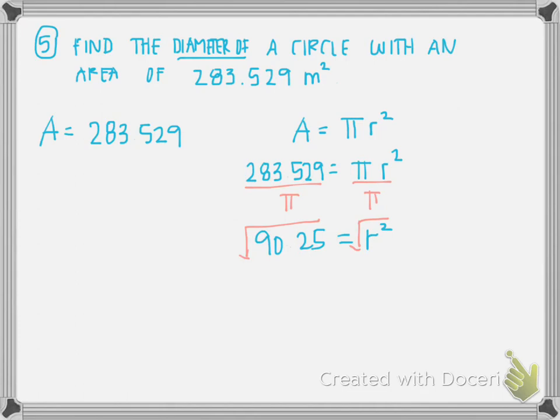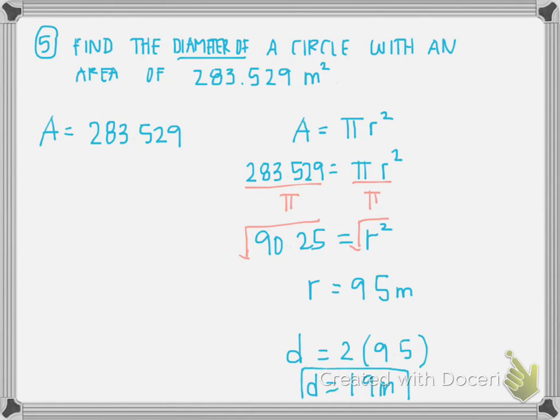So the square root of that value is going to be, your radius is going to be 9.5. But it asks for the diameter, so the diameter is going to be 2 times that 9.5. So that's going to be 19. So the diameter is going to be 19 meters.